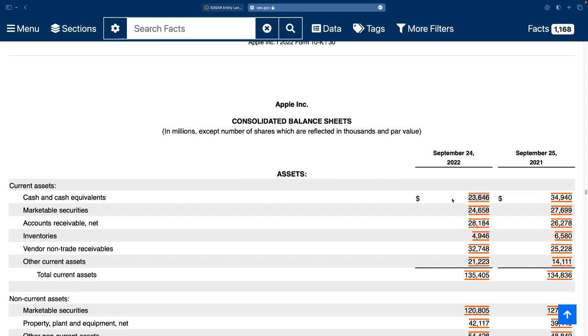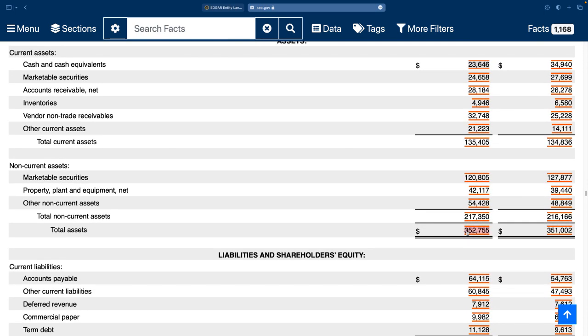That doesn't mean they have $23,646 in the bank. That means you put 6 zeros behind that number, and they have 23 billion with a B, $646 million in the bank. So that means their total assets are $352,755 million of total assets, right?